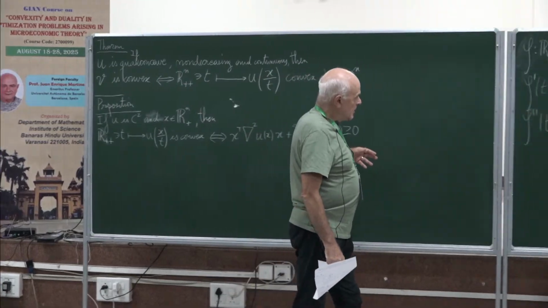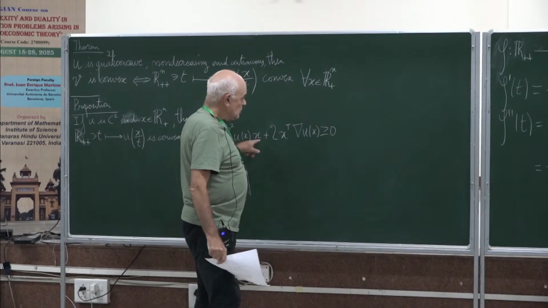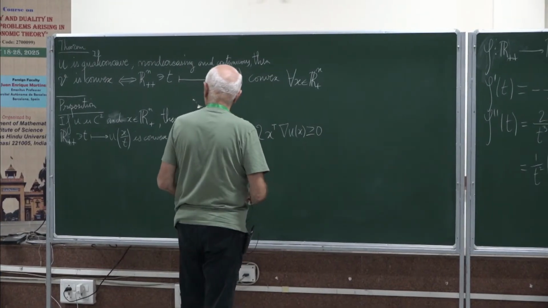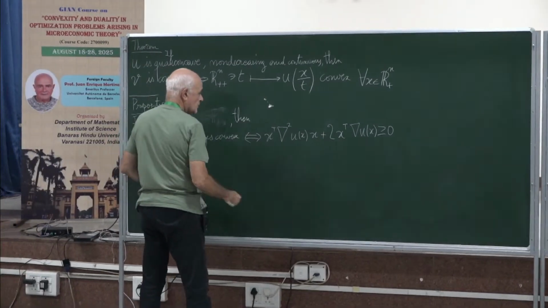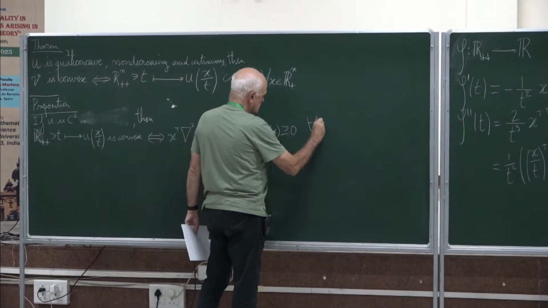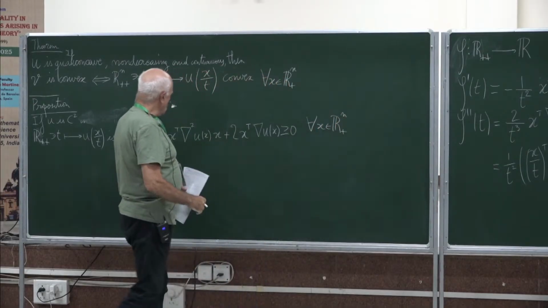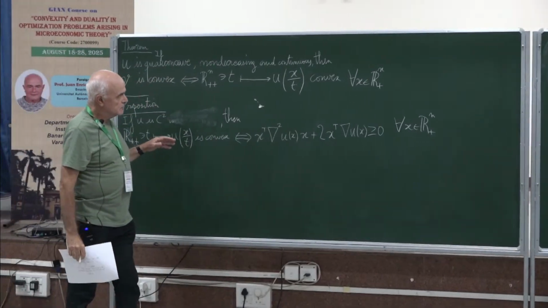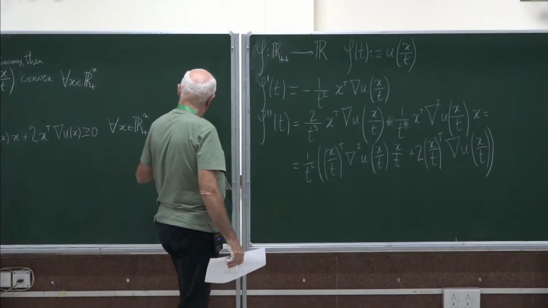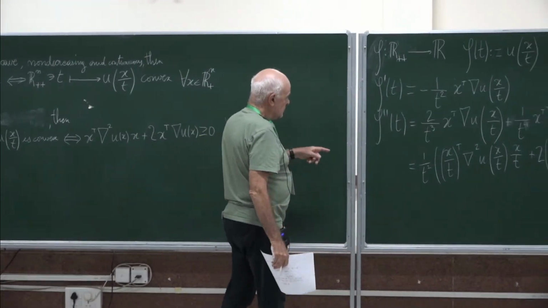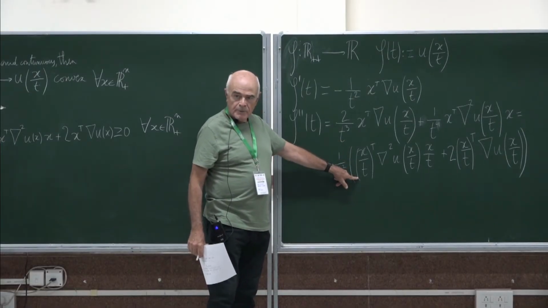In the opposite direction, if this condition holds, this is the correct statement. If this condition holds, then in particular it holds for x over t. Okay?